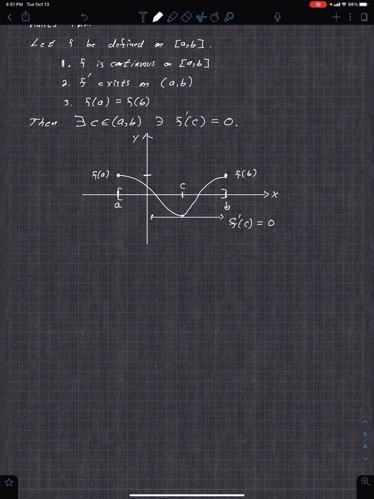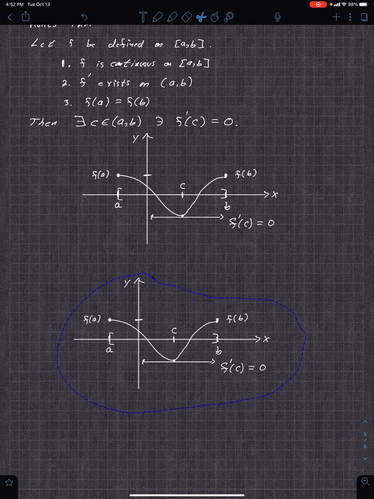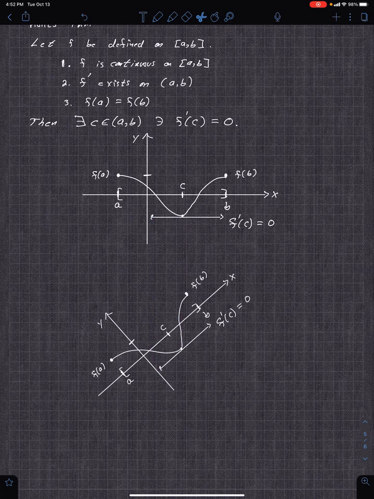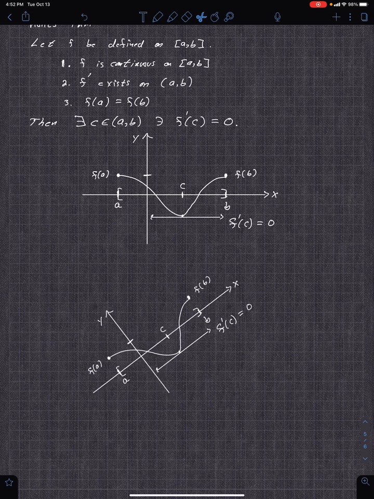So that's Rolle's theorem. The mean value theorem, basically what it does is it takes this, let's just copy this thing, and then I'll write it up. So it takes this and basically just turns it like that. Now the axis doesn't turn, of course, but the function does.